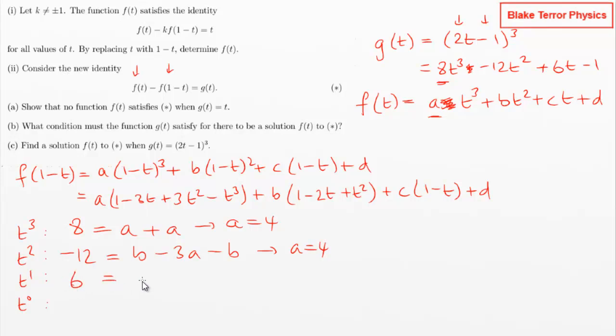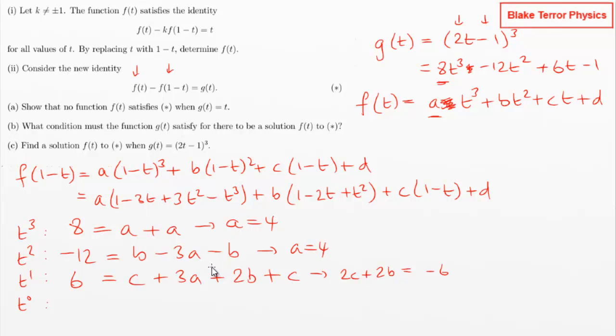So 6 is going to be c, and then we've got, so minus 3a, so plus 3a, and then minus 2b, so plus 2b, and then we've got a minus c, so a plus c. So we've got that 2c plus 2b, 2c plus 2b is 6 minus 12 is minus 6.